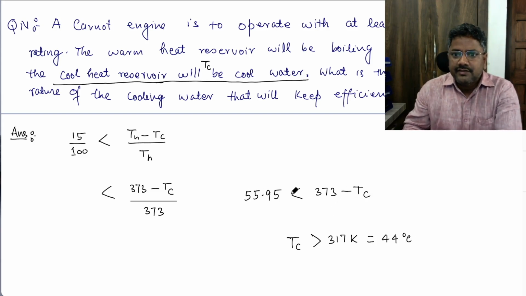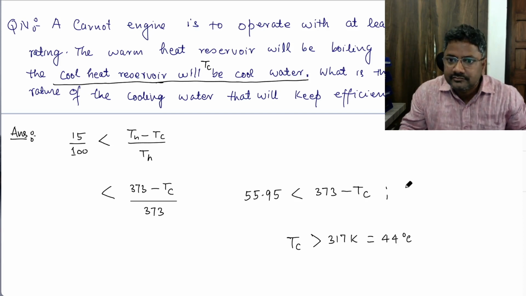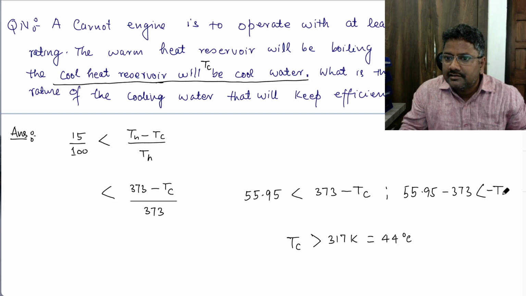So this we can write here Tc. I mean, this minus this is equal to minus of this Tc. What we can write here? 55.95 minus 373 is less than minus Tc.